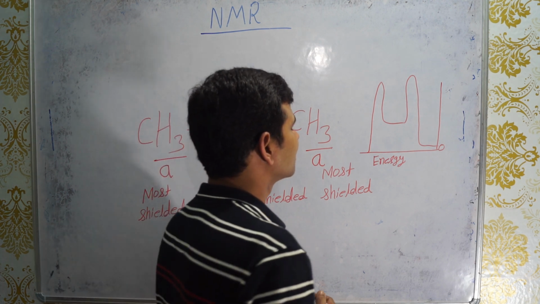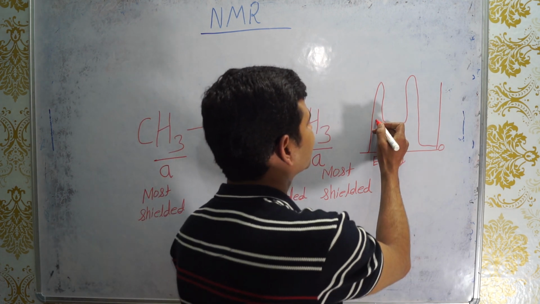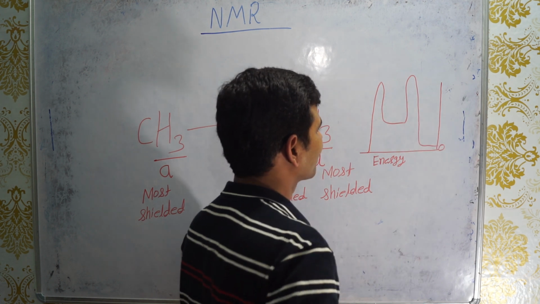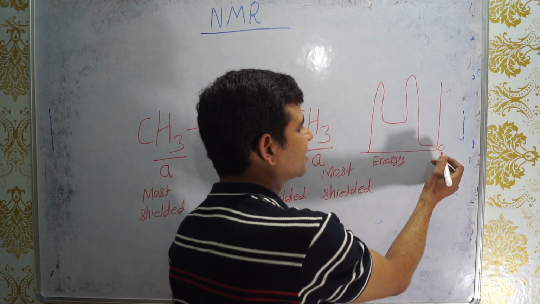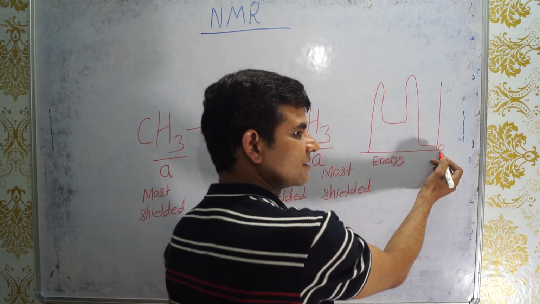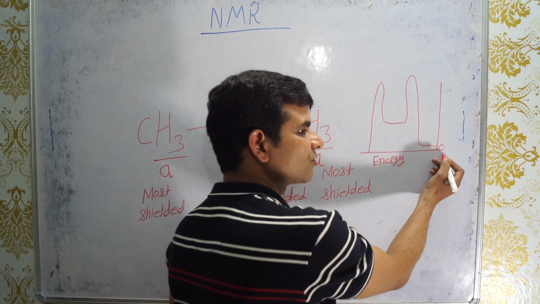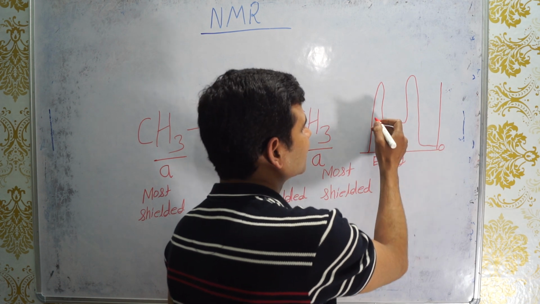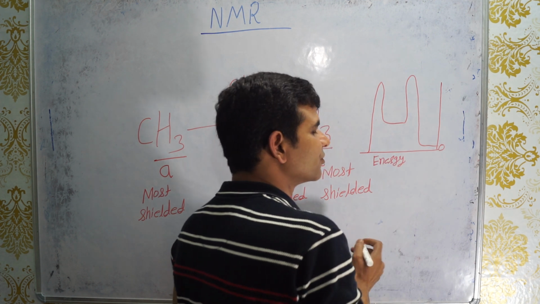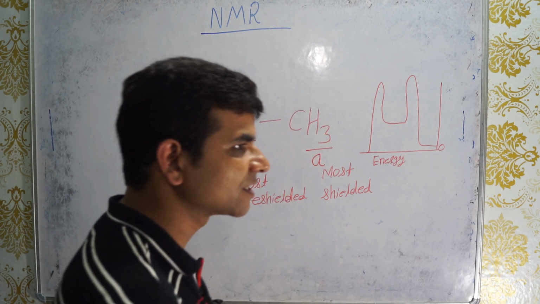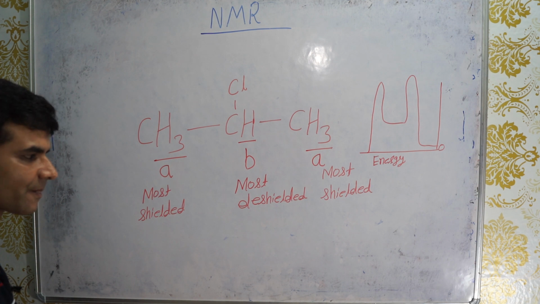Now let's discuss the meaning of this peak and this peak. This peak is far from the zero mark. Therefore, this peak will represent the hydrogen atom which has taken more energy to go into beta spin.